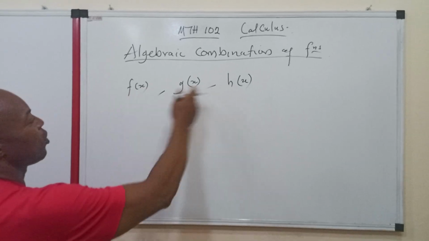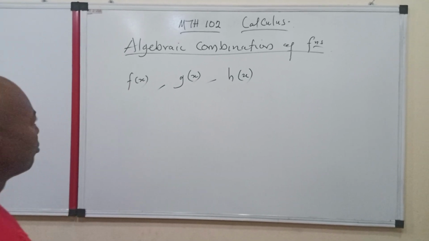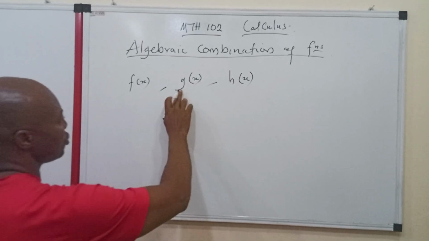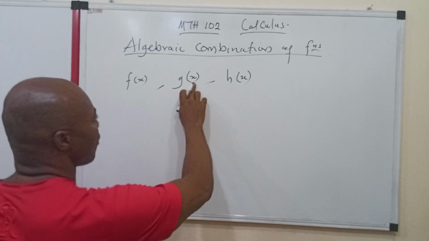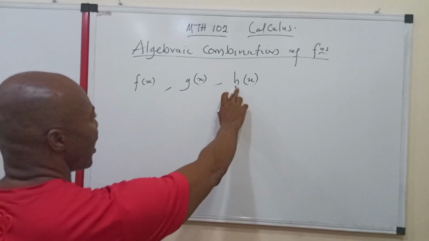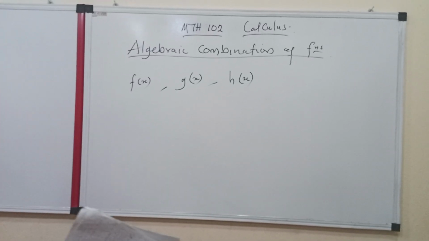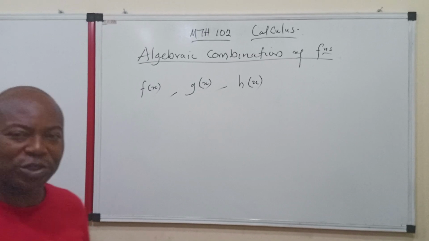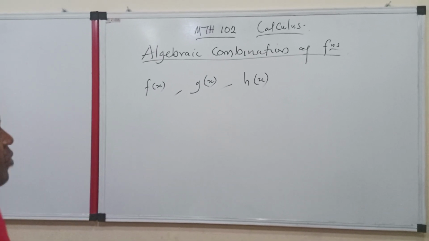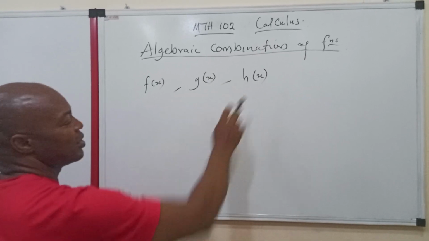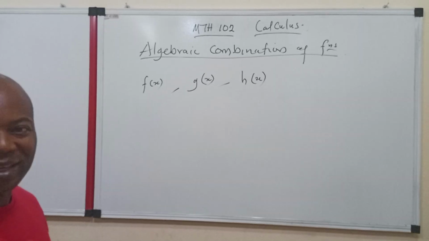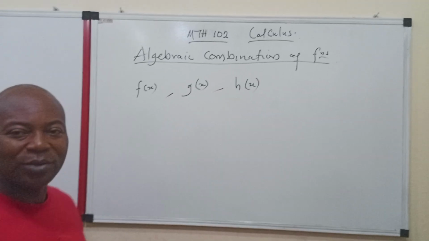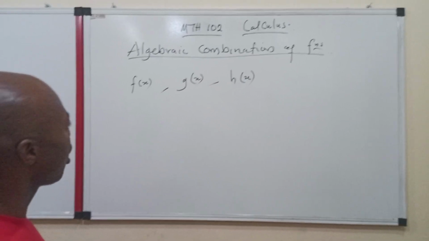If we have all these as functions of x, we are saying that we can carry out algebraic operations on them if and only if they all have the same domain. If they have the same domain, then fine, we can carry out algebraic operations.